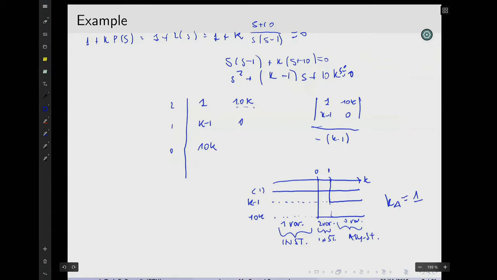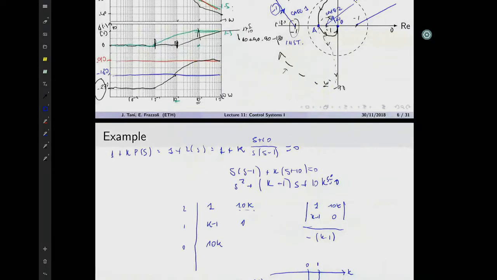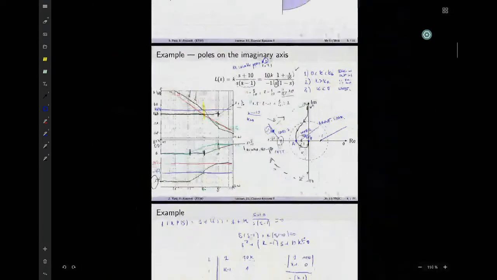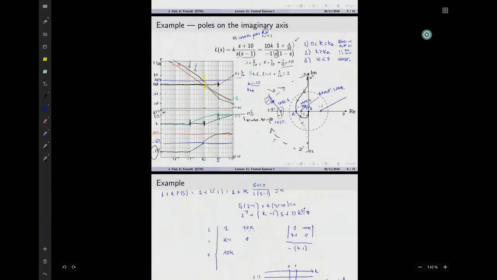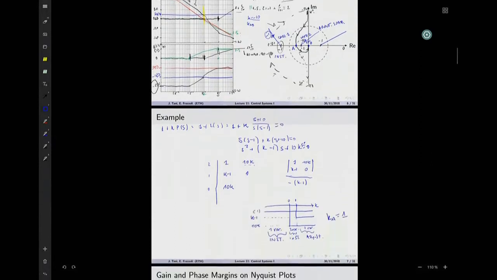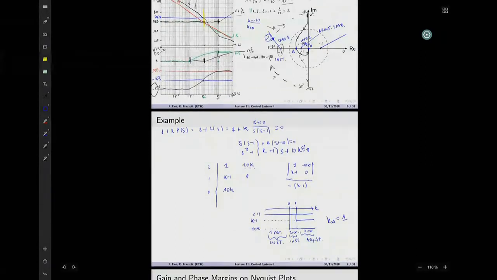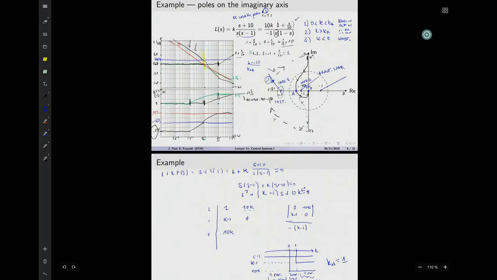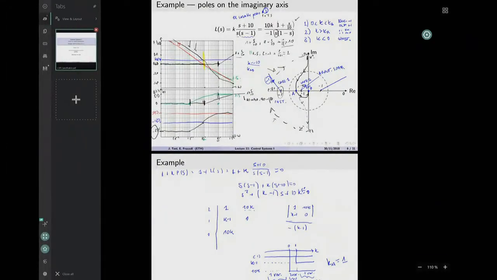Now, I wanted to do this exercise both to show how those things happen with the poles in 0, and also because this idea of using the Routh criterion to place the poles is something that we can leverage later. As you see, depending on the values of K, we get different behaviors.